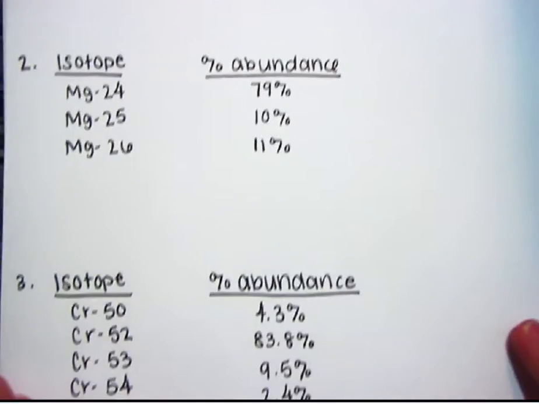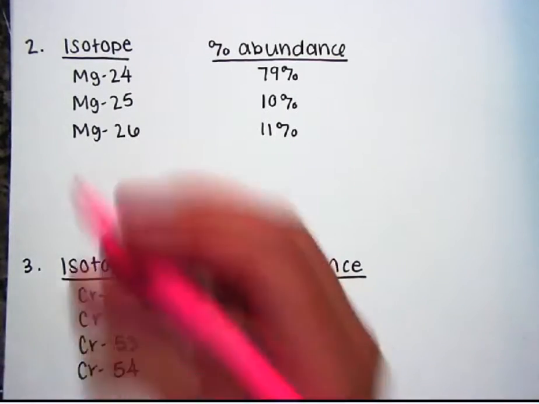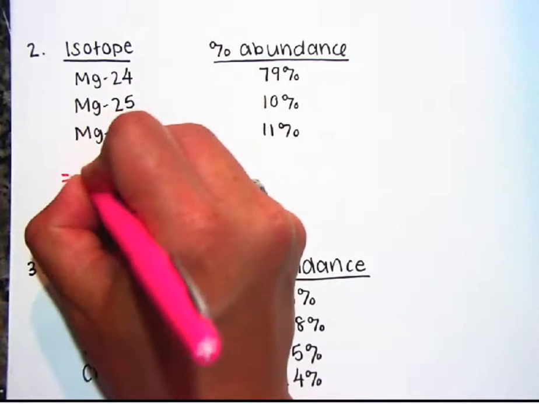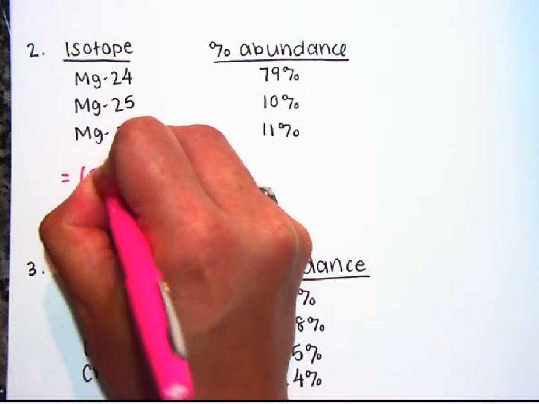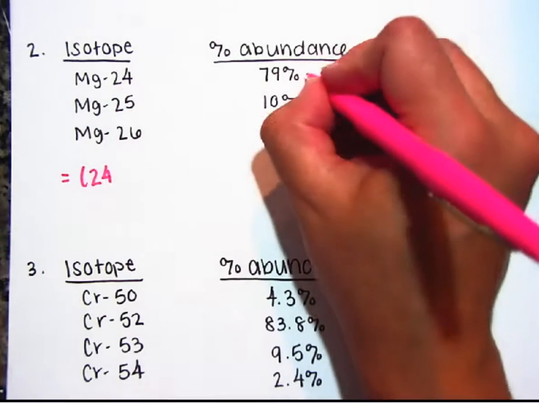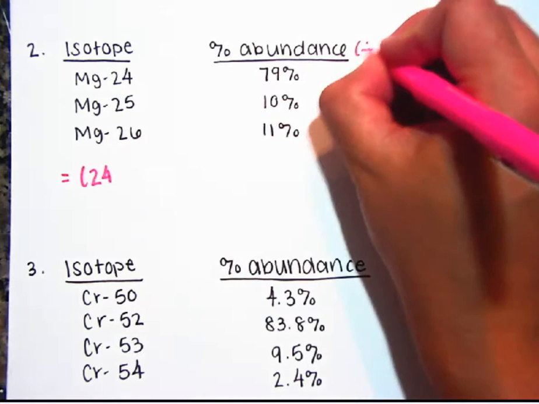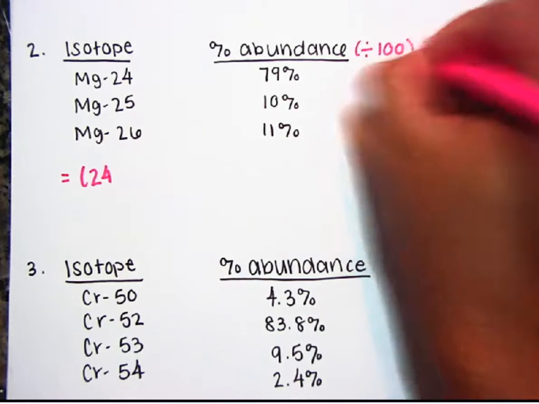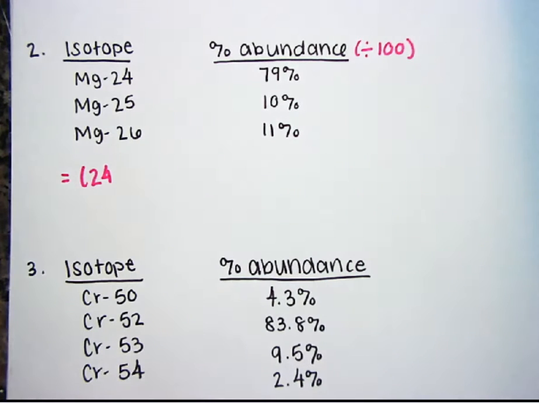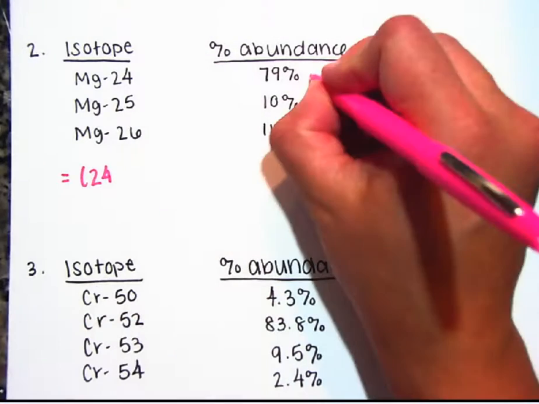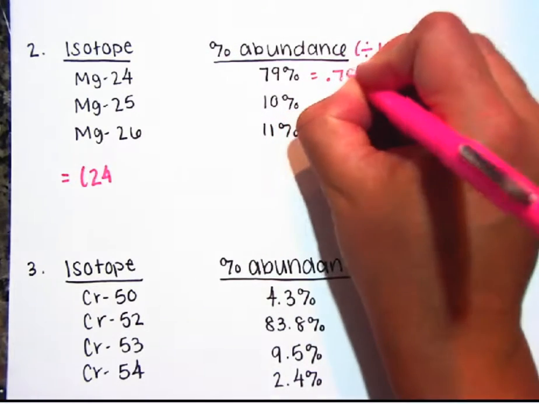Example number 2. We're going to do the exact same thing, only now we have 3 isotopes. So again, to get our percent abundance into decimal form, we need to divide by 100.